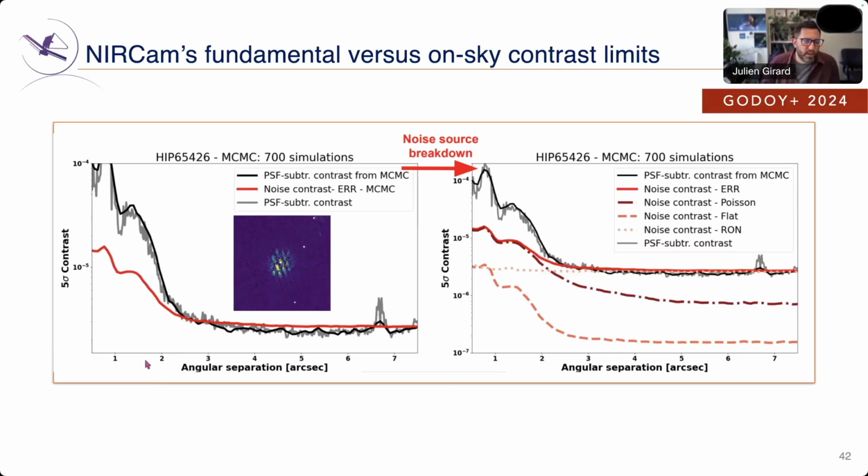And then you have to be aggressive, for example, by using a library of more than one star, so you can push the principal components a little bit and clean up this inner 1 arcsecond of NIRCam, which is very speckle dominated. At long separation, if you really want a deep detection limit, you probably have to go for the larger mask.